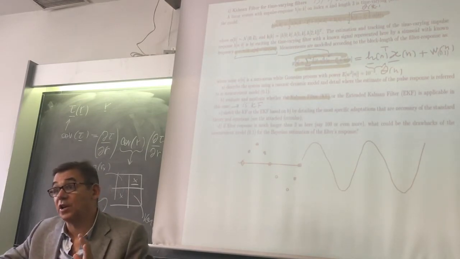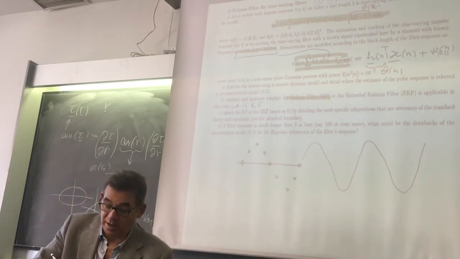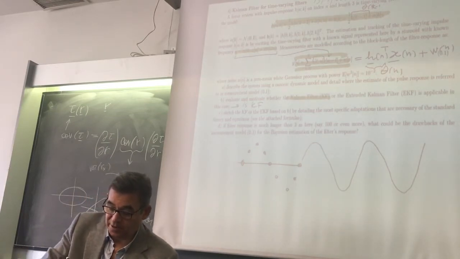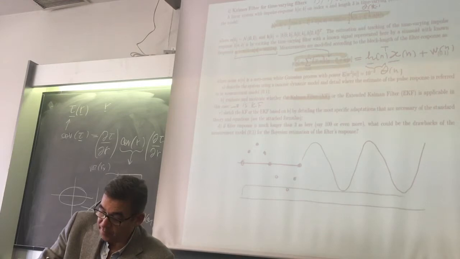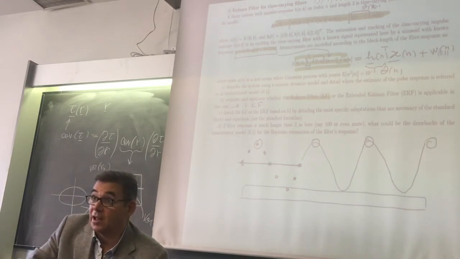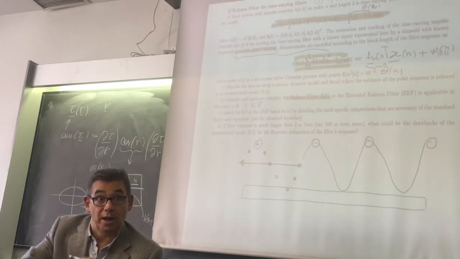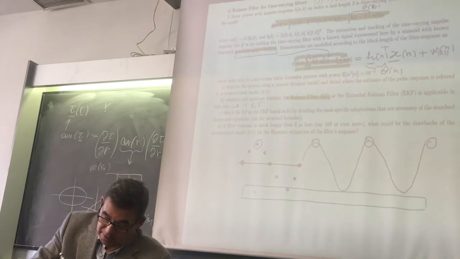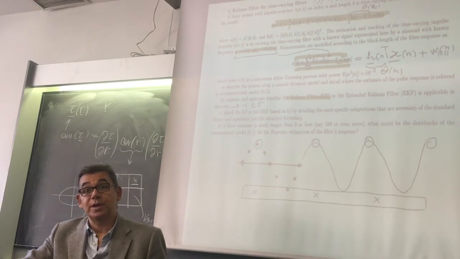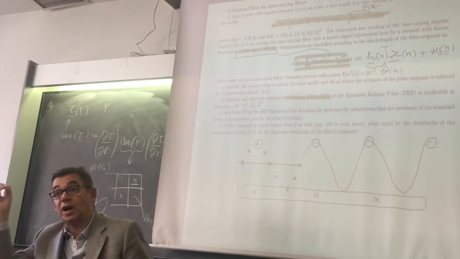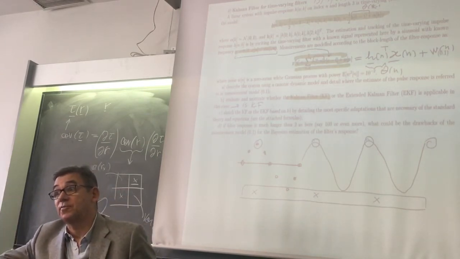So if the filter is very long, I am exciting, let me say, this is the signal, then I have the filter. But this coefficient is equal to that, is equal to that, is equal to that. And I want to estimate this coefficient, this coefficient, this coefficient. But all these 3, 4, 5 coefficients are excited by the same values.